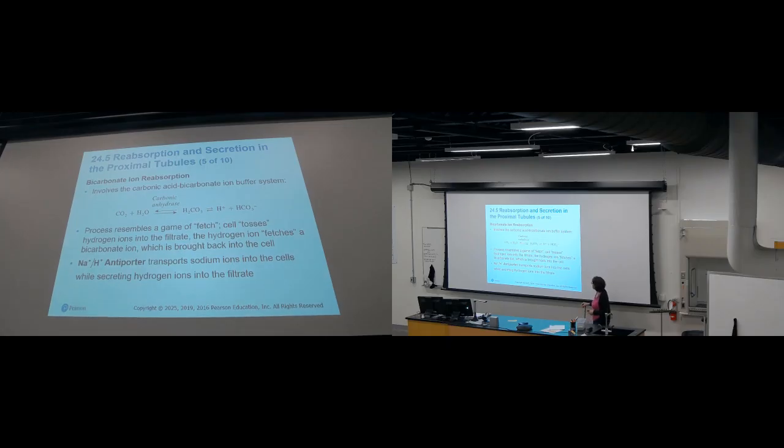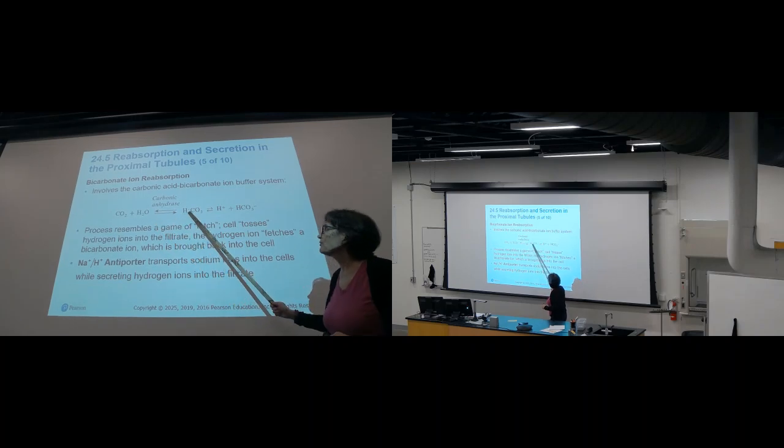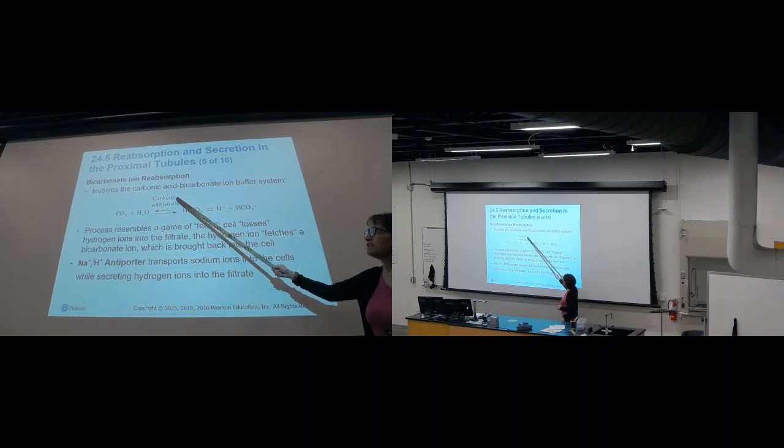When it comes to bicarbonate ion reabsorption, you have the same formula for the formation of these as you saw in the respiratory system. So you have CO2 plus water, which is going to form carbonic acid by this enzyme, carbonic anhydrase.